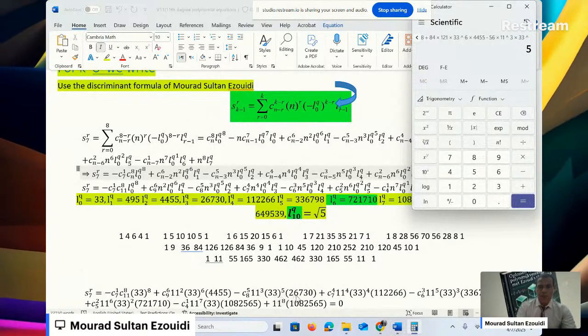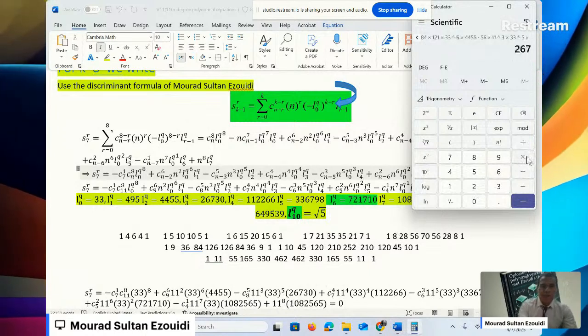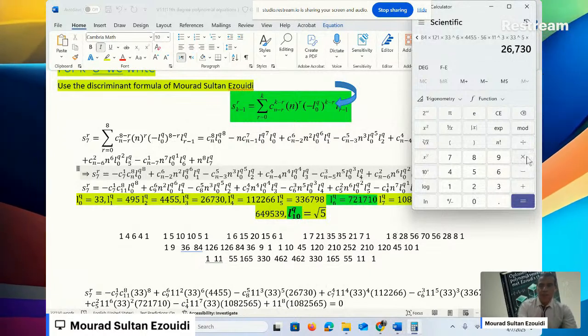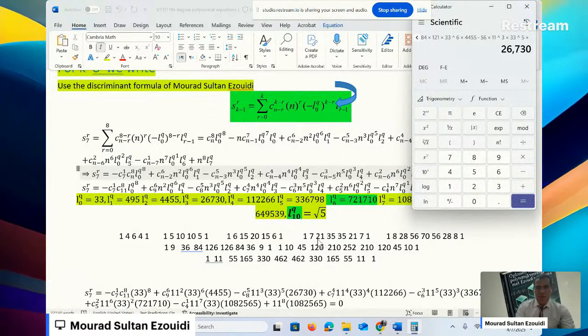33 raised to the power 5 times 26 times 730. Plus 7 to 4, 1, 2, 3, 4.